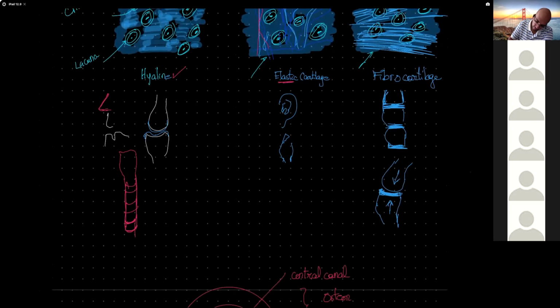Where else? Attaching my ribs to the sternum. This is my sternum like this, down here, and those are my ribs.